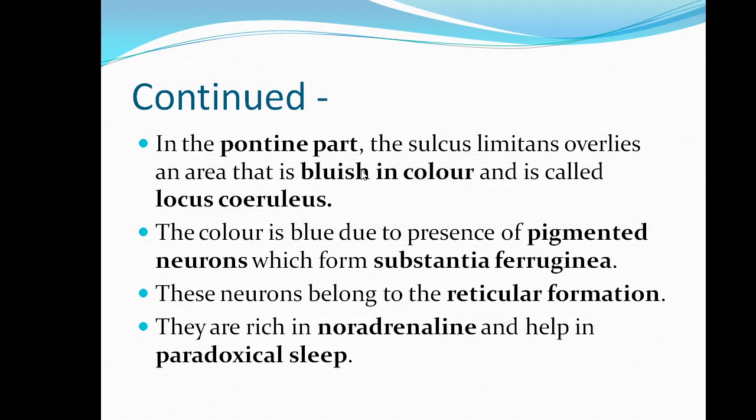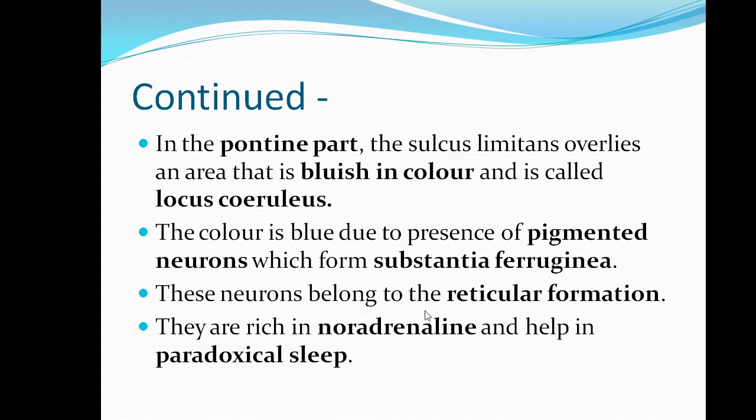In the pontine part, the sulcus limitans overlies an area that is bluish in color and is called the locus ceruleus. This color is blue due to the presence of pigmented neurons which form the substantia ferruginea.